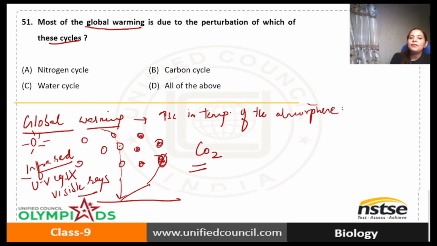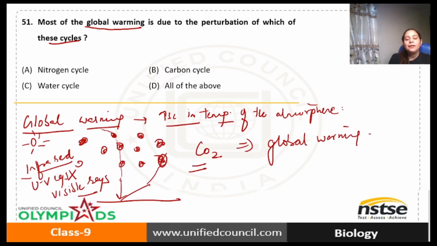The reason being their wavelength increases, and carbon dioxide allows them to enter, but after multiple reflections it doesn't allow that wavelength of infrared rays to escape out. As a result, these infrared rays get trapped in carbon dioxide molecules, and because they cause heating effect, that leads to increase in the temperature of the atmosphere, which we call global warming, and it causes ecological imbalance.